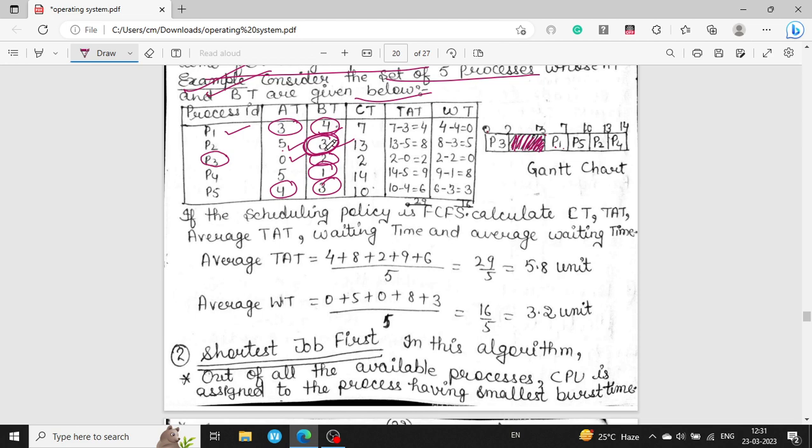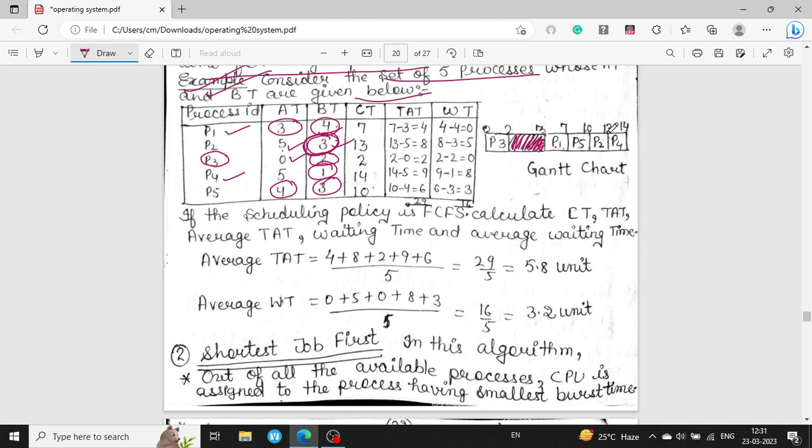When we give preference to P2 because it takes the CPU for a longer time, this type of case is the convoy effect, because the process that needs the CPU for a short time has to wait, since here we use non-preemptive scheduling.